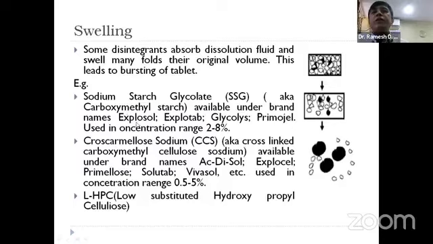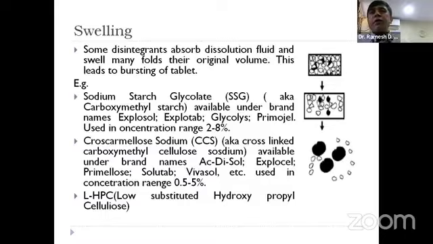Commonly used swelling super disintegrants are sodium starch glycolate, also known as carboxymethyl starch, which is available under brand names like Explosol, Explotab, Glycolys, and Primogel, and it is used in the concentration range of 2 to 8%. Next is croscarmellose sodium, also known as cross-linked carboxymethyl cellulose, cross-linked CMC.